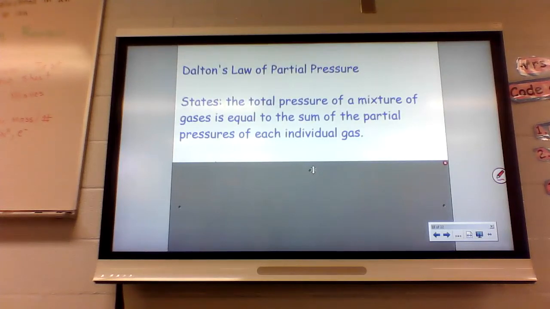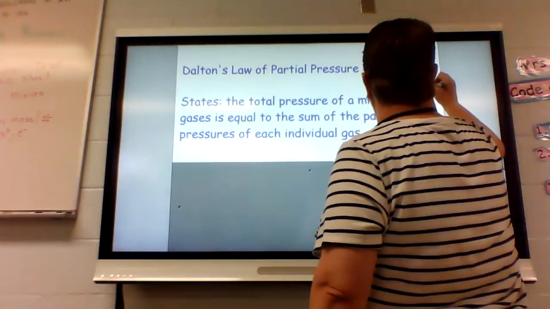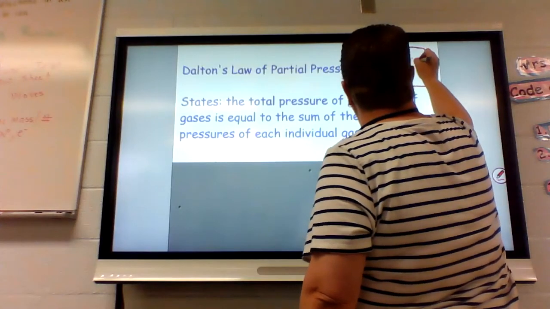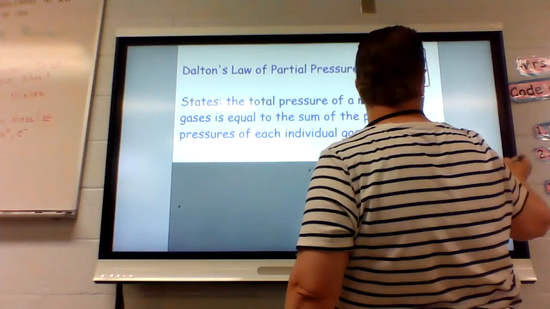Dalton's law says the total pressure of a mixture of gases is equal to the sum of the partial pressures. If you have a container of gases, let's say we have helium, some oxygen, and some hydrogen in it.